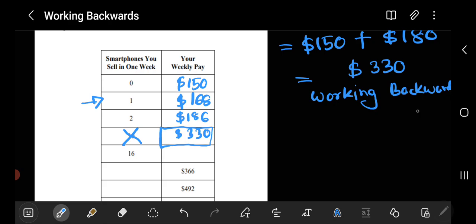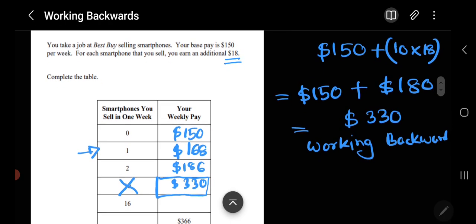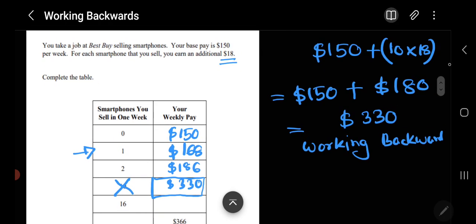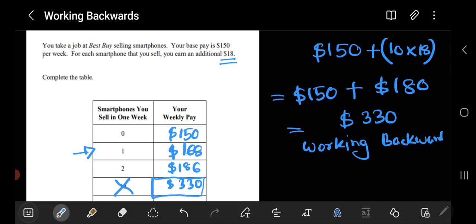In order to work backwards, you need to know exactly what we did here. First we did multiplication. You have to remember what you did, because then it'll be easy for you to work backwards. First we multiplied 10 and 18.